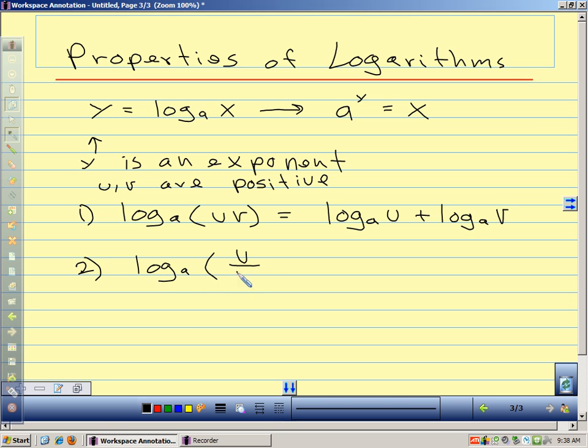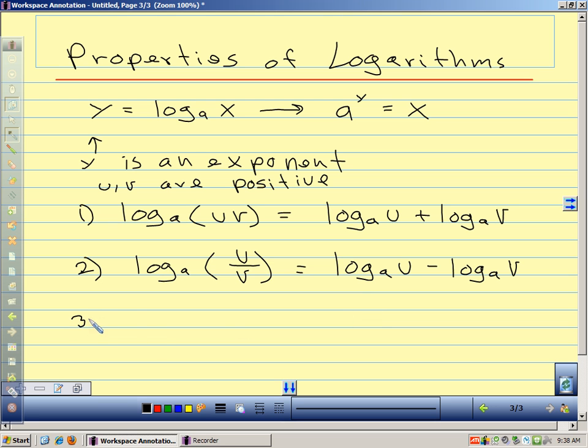Our second property, the log of a quotient. Log base a of u divided by v is log base a of u minus log base a of v. So when we're looking at a number raised to an exponent divided by that number raised to a different exponent, we subtract the exponents. It's the same thing going on here, because y is an exponent, we subtract them.